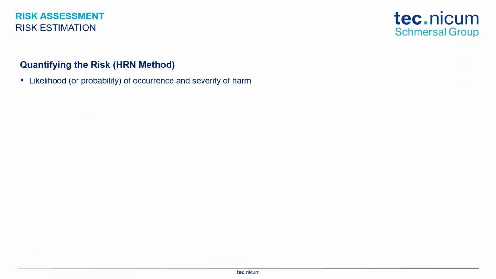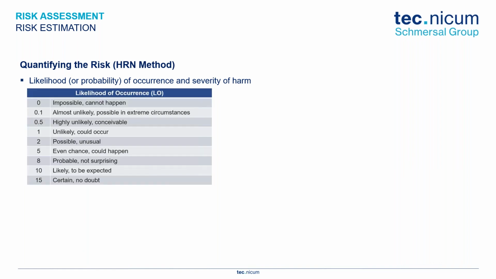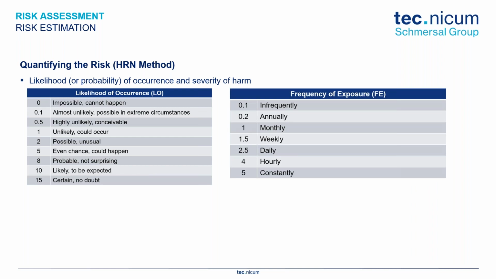Another common example within the industry is this hazard rating number, or HRN. Okay, and when you look at the HRN, there are parameters like the likelihood of occurrence, going back to that definition of a risk, the frequency of exposure, again, based off the definition of the risk and everything that we saw on the previous slide.